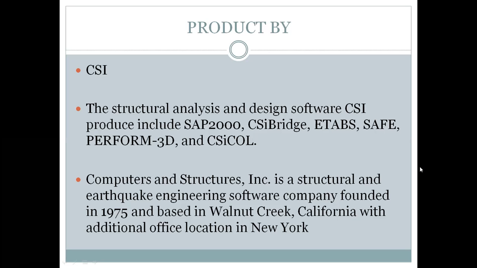So for bridges, we have CSI Bridge. SAP2000 is for chimneys and towers, and then SAFE is for foundations. So that's how CSI has designed its software. It has got different software for different functionality and has not included everything under one.